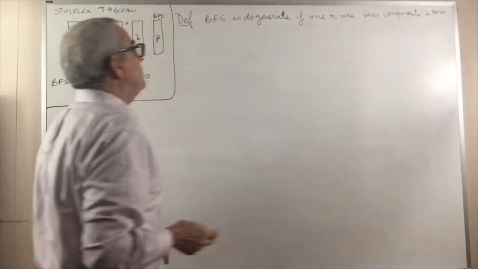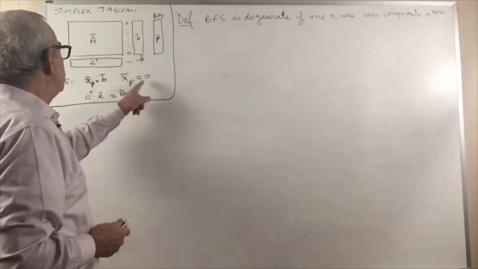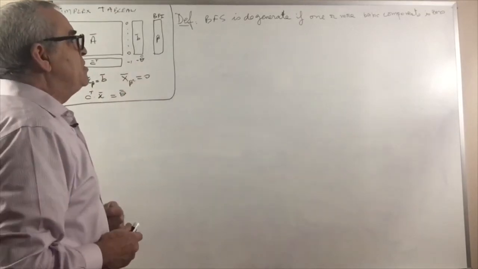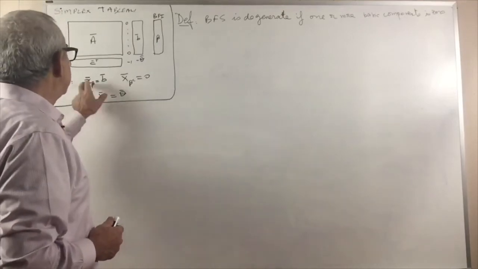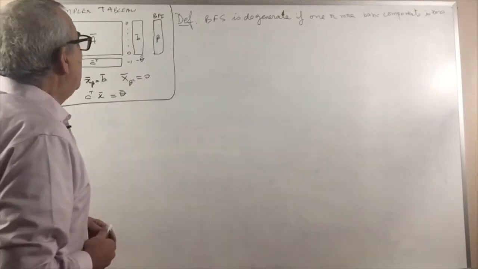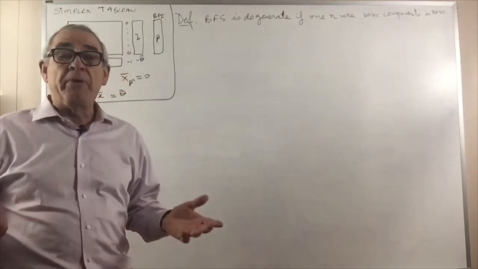Very simple definition. Okay. So in addition to the non-basic being 0, we have one or more basic components 0. Then we say that this BFS X bar is degenerate, and then we say that the linear program itself is degenerate.